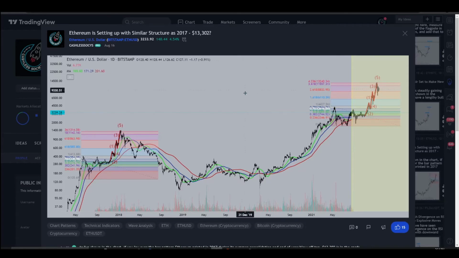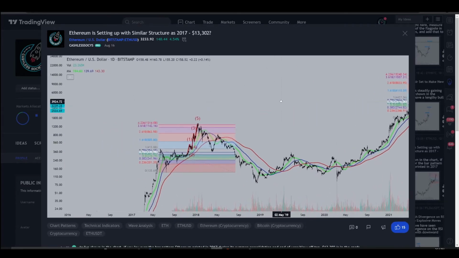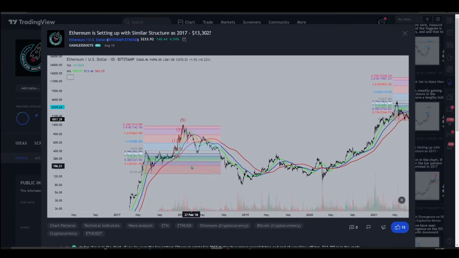Almost to the T. So you can see here in 2017, Ethereum had the big run up and then it sold off like 70%, something like that. I don't have it right here, but you could see that it bounced off of that, came back up to test the 786 retracement, got rejected, came back to the 236, and then consolidated for one more parabolic move to end the year.